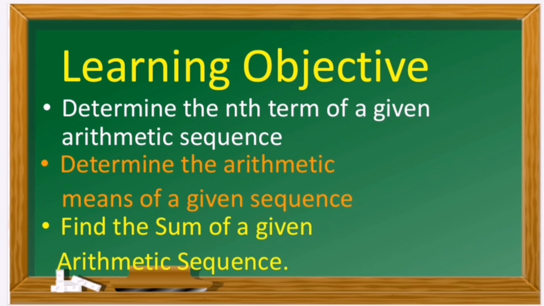And lastly, using the formulas s sub n equals n over 2 times the quantity of a sub 1 plus a sub n, and the other formula s sub n equals n over 2 times the quantity of 2a sub 1 plus the quantity of n minus 1 times d to find the sum of the terms of a given arithmetic sequence, what we now know as arithmetic series.